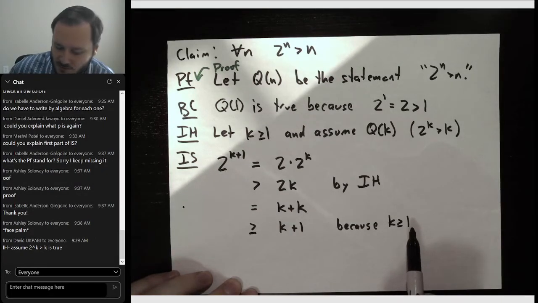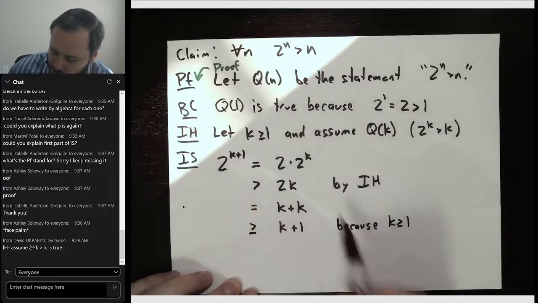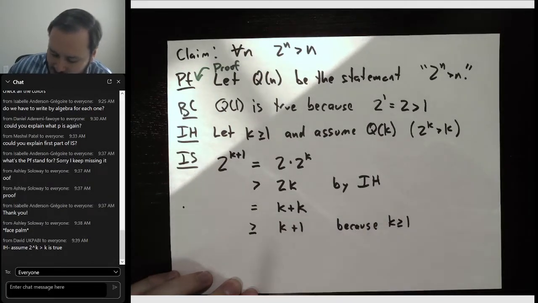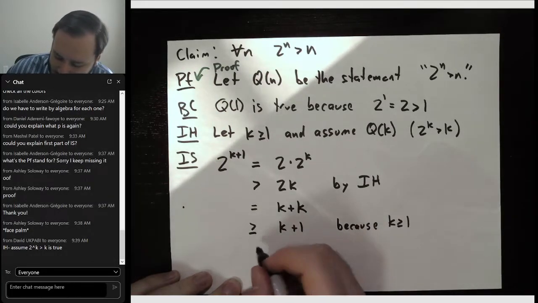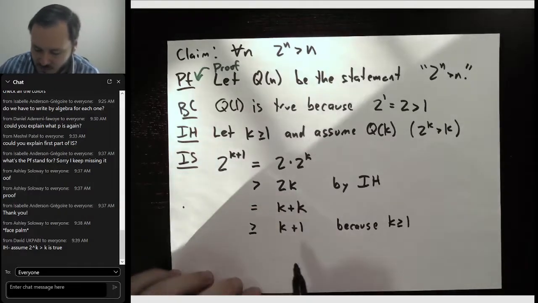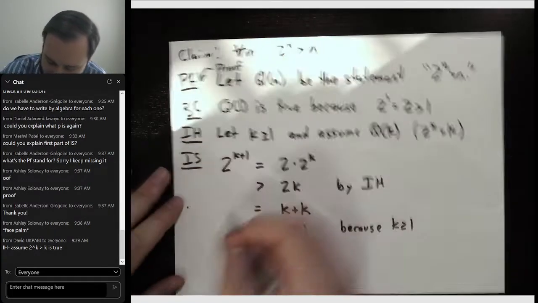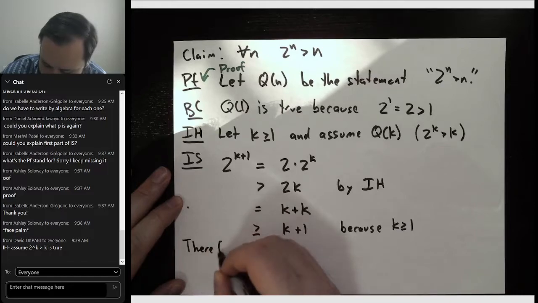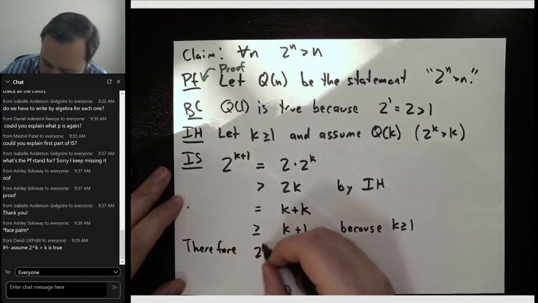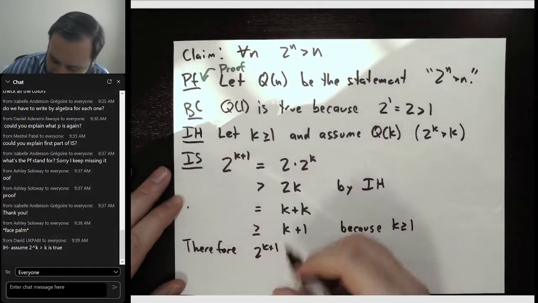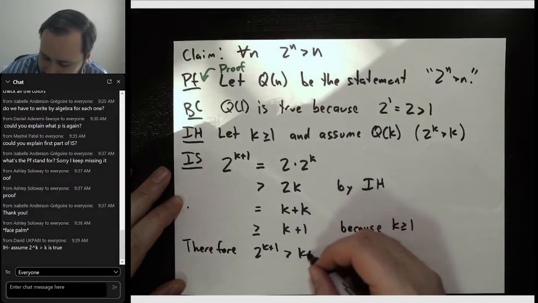Right? Use every part of the buffalo. k is greater than or equal to 1. Here's k, I'm replacing it with a 1. And so what I have, if I follow this whole string of inequalities, is, therefore, 2 to the k plus 1 is strictly greater than k plus 1.